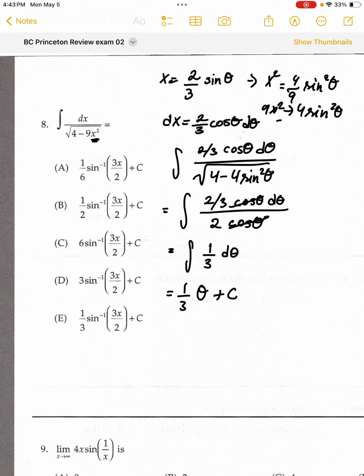But remember, we want our answer in terms of x. So we're going to solve for theta in terms of x.